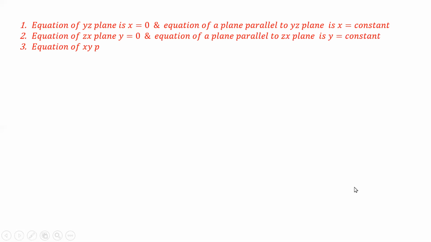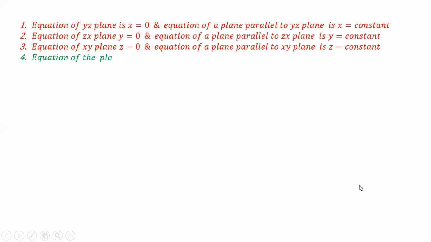Now the equation of the xy plane is z equals 0, and the equation of a plane parallel to the xy plane is z equals constant. Now moving to another point, the equation of a plane passing through the origin is ax plus by plus cz equals 0.